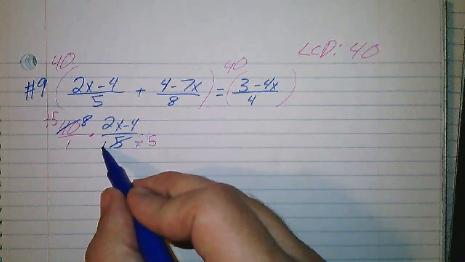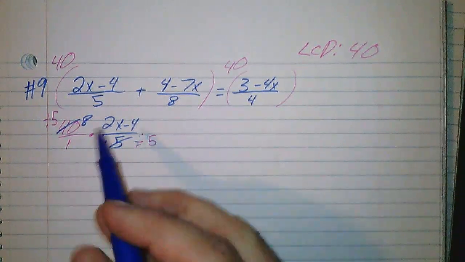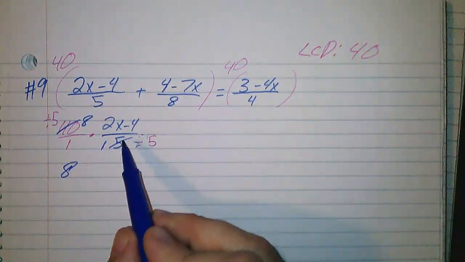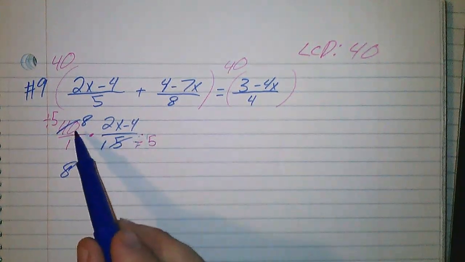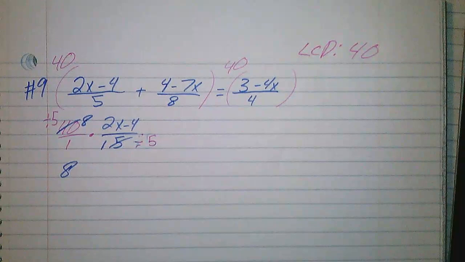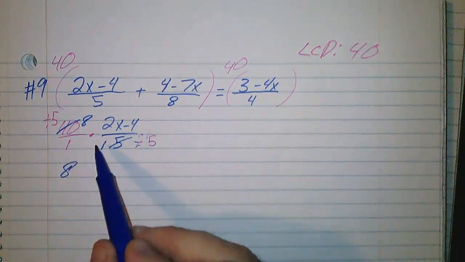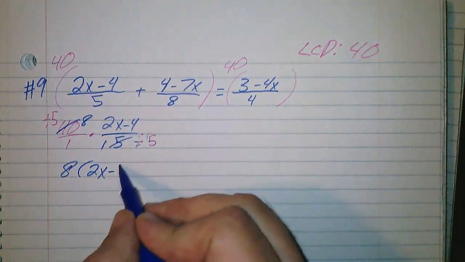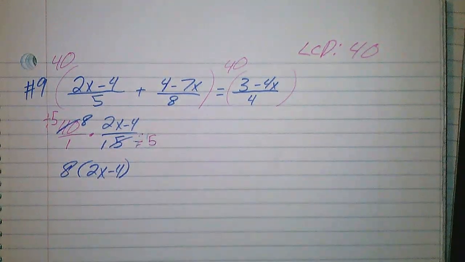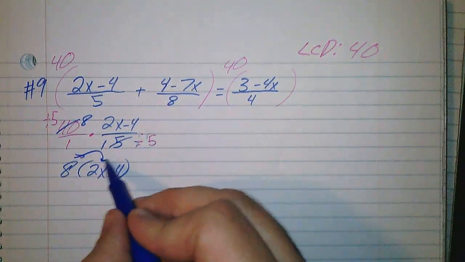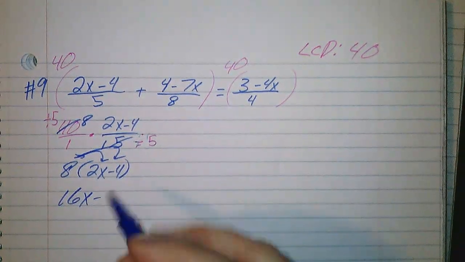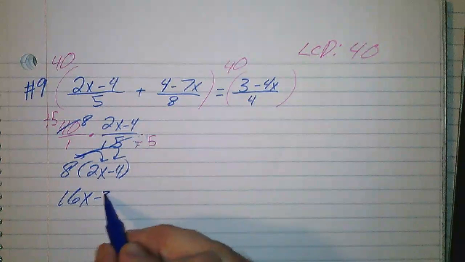This becomes just a 1. So for our first term, as we multiply fractions, it's just top times the top over bottom times the bottom. And the denominators are now just 1. So it's 8 times 2x minus 4. And we distribute to get 16x minus 32.